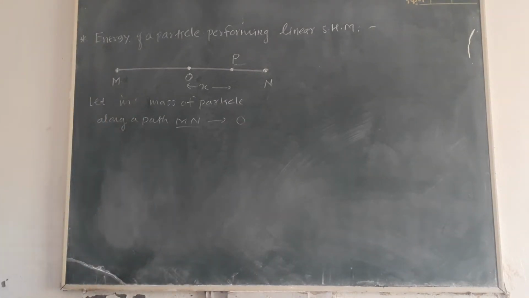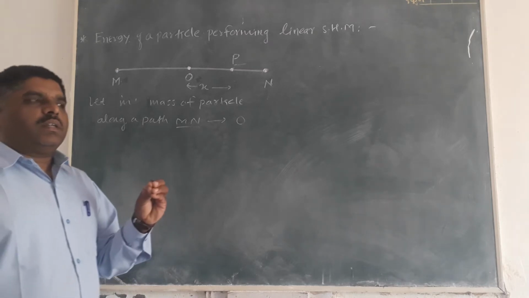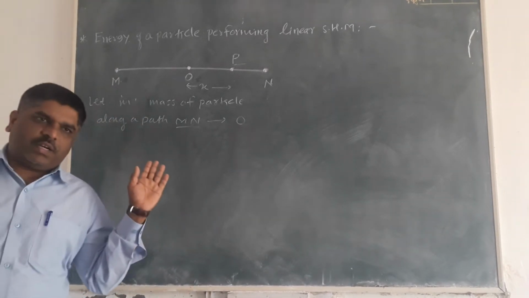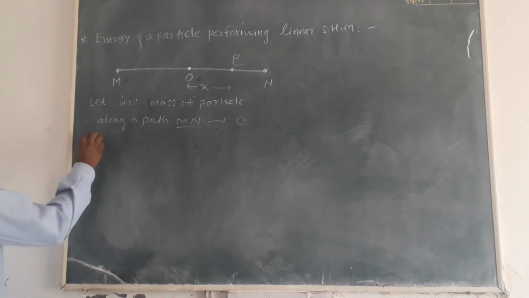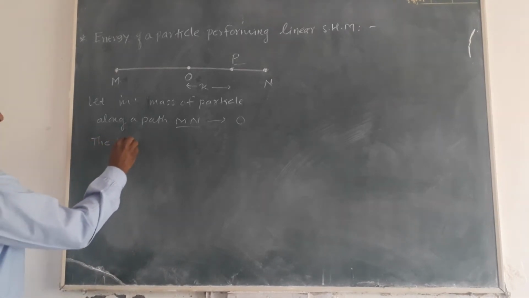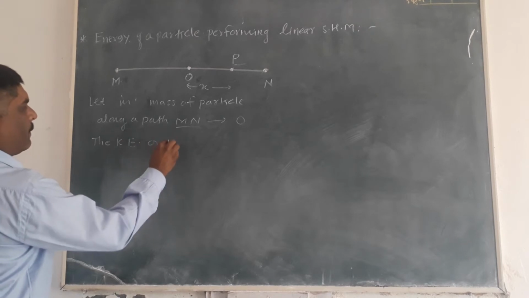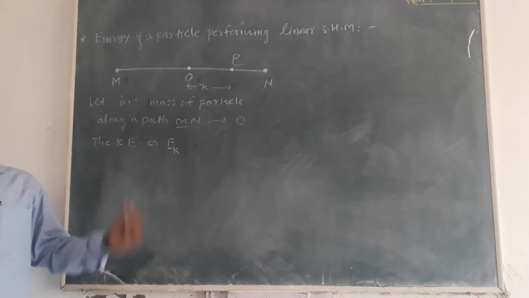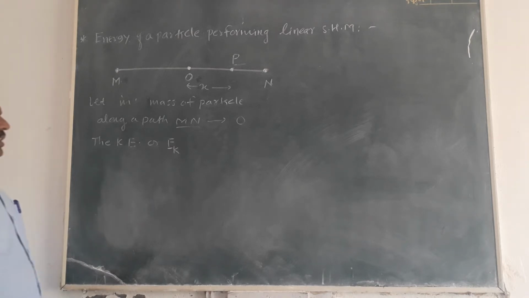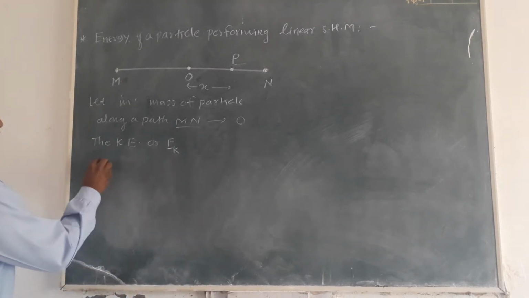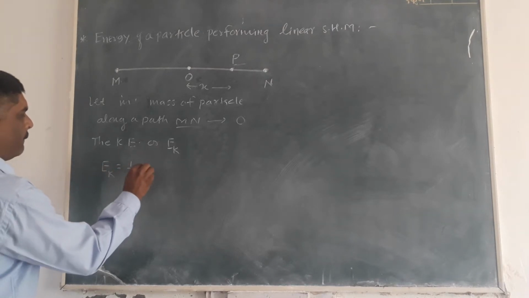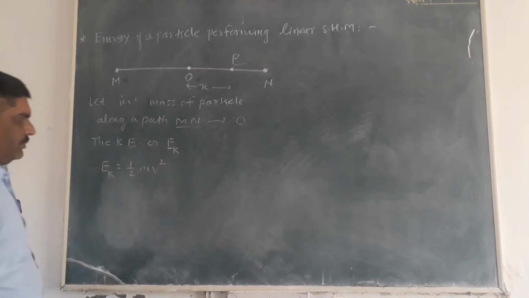Hence, we calculate the kinetic energy of that particle. The kinetic energy EK gives the kinetic energy of the particle, and it is given as EK is equal to half m v square.